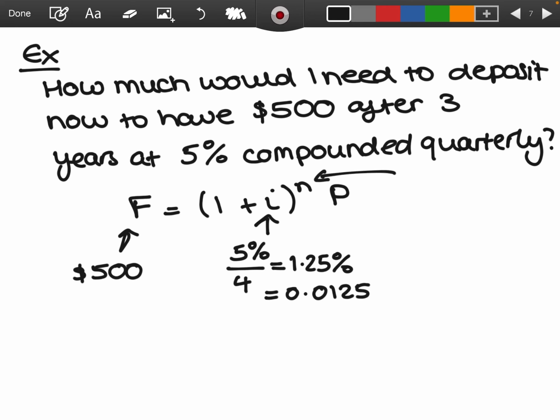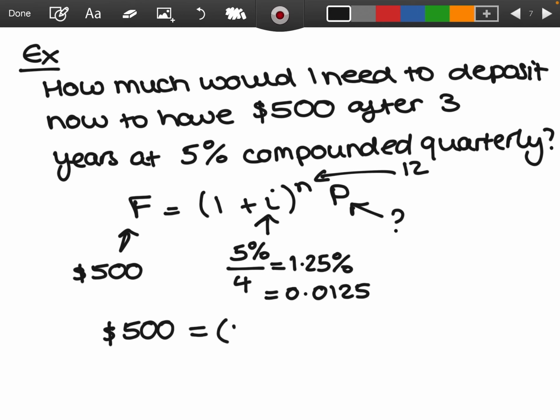N is the number of pay periods that I'm looking at. So I have 3 years and I'm compounding quarterly. So I'm paid 4 times a year over 3 years, which means N would be 12. And I am looking for my present value.